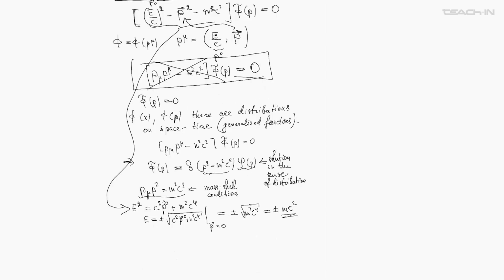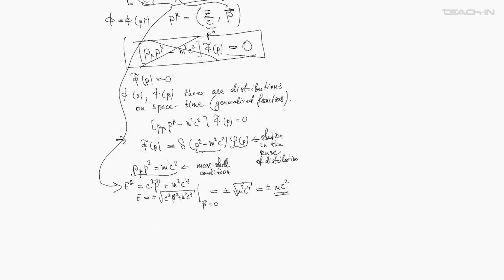Okay. In many books, people just do it on the first page. They say we work in natural units and we forget once and for all about such things as h bar and so on.